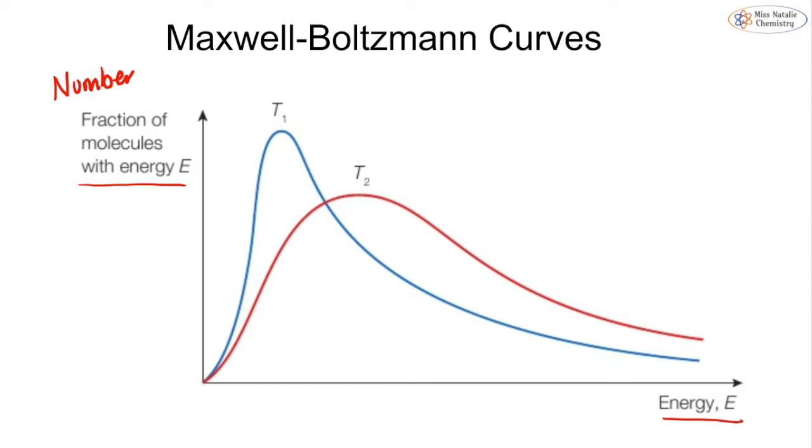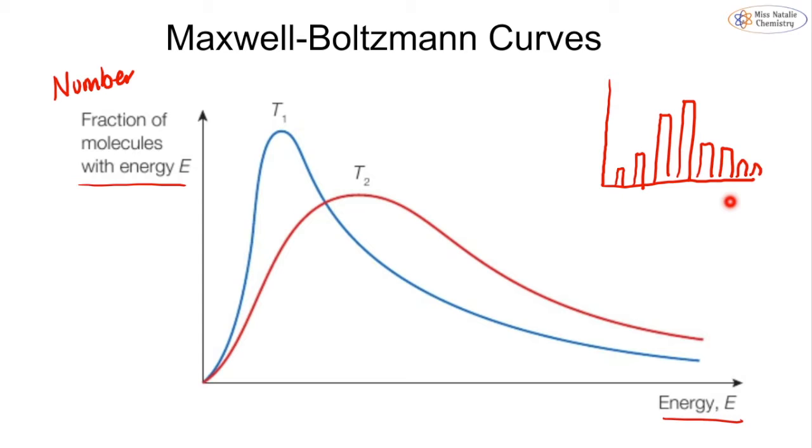What they've basically done here is, if we imagine you could take the energy of every single particle and put it into a bar graph like this, then they've simply drawn that curve over the top like that. So we take away the bars and we are simply left with the curve. So sometimes you might see it being referred to as a distribution curve.